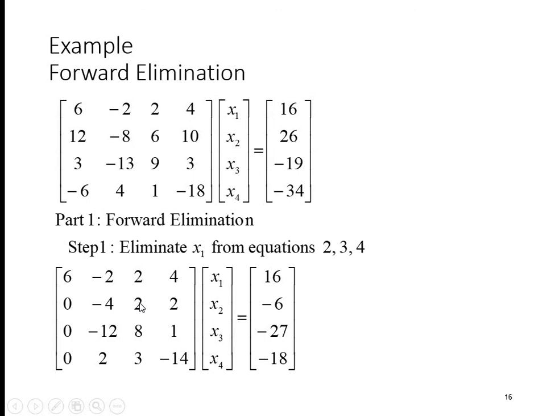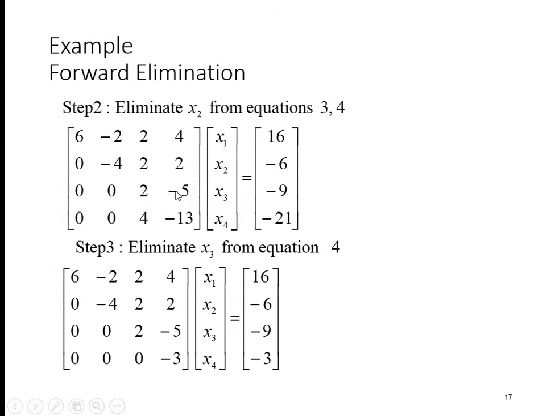This one times minus 3, minus 6, plus 8, which is 2, that 2 that you saw there. And then this one is minus 3 times 2, which is minus 6, plus 1 is minus 5. Continue as well, you should be able to get minus 9.